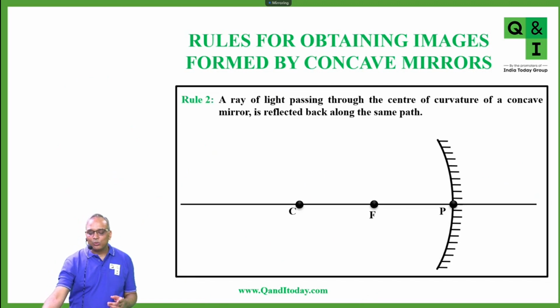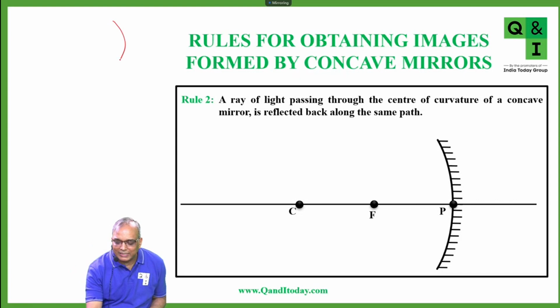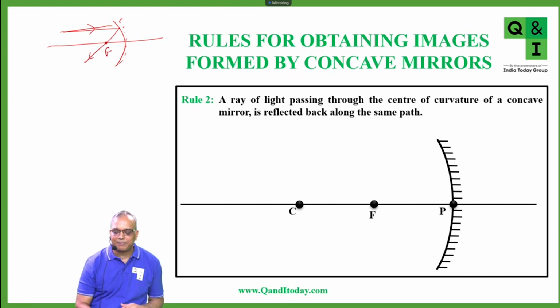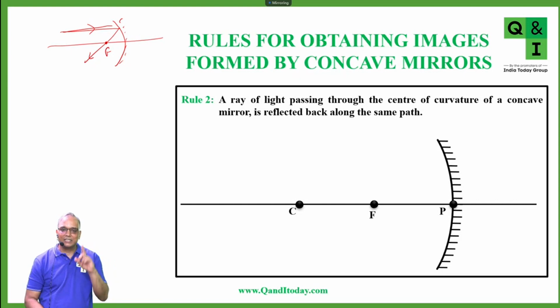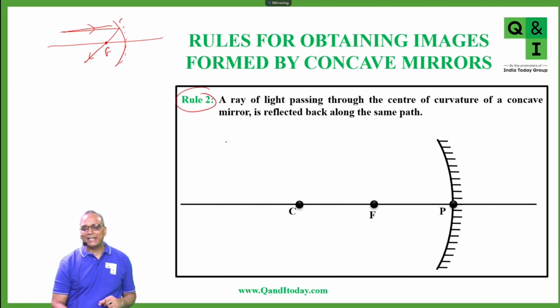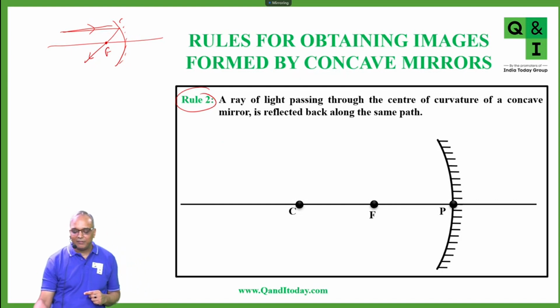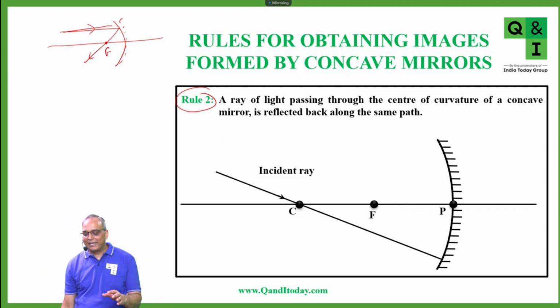Now, second rule. First rule, I'll reiterate. First rule was that when you have a concave mirror, an incident light ray which is parallel to the principal axis, after reflection, will always pass through the focus. This is the first rule. Now, what is rule 2? Rule 2 states that a ray of light passing through the center of curvature of a concave mirror is reflected back along the same path.